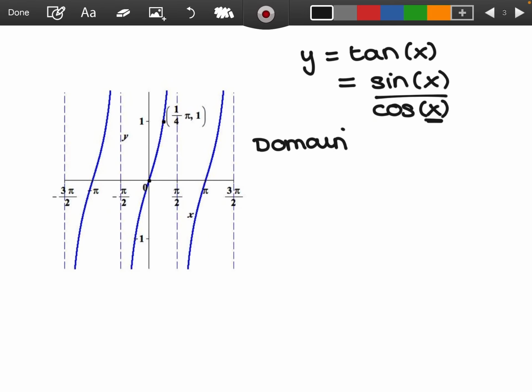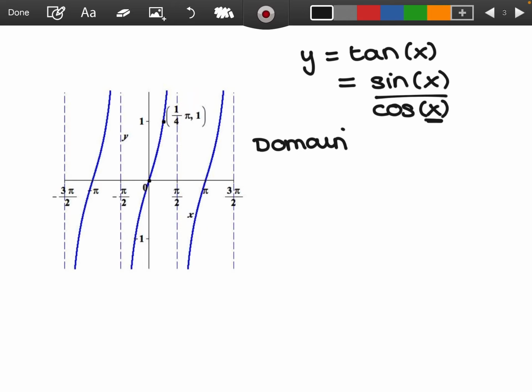We're going to do the same as we did with our sine and cosine graphs. We're going to look at some properties. So the first thing is the domain. What is the domain of our tan function? Well, there are some x values such that we have an undefined tan function, and that is at all odd multiples of pi over 2.